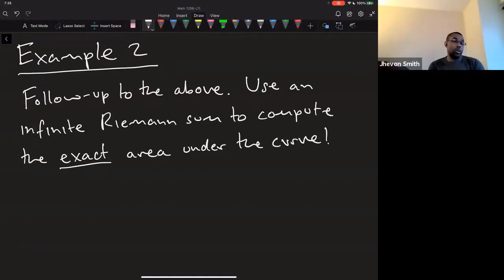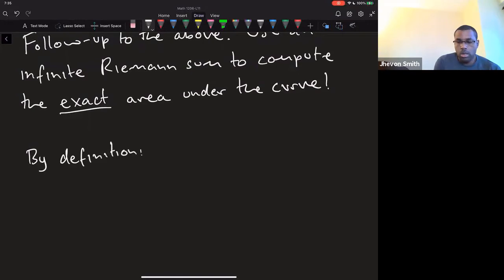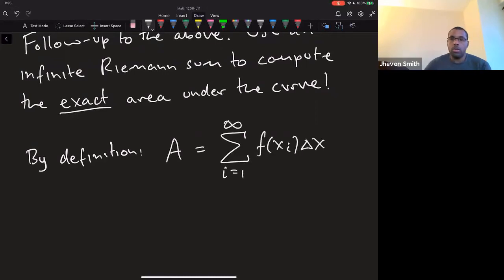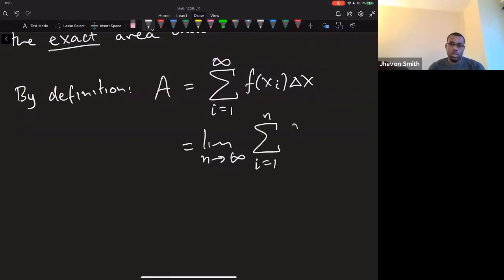And how would you actually go about doing that? Well, we know by definition that the area is going to be equal to that guy, which we know is equal to that guy.